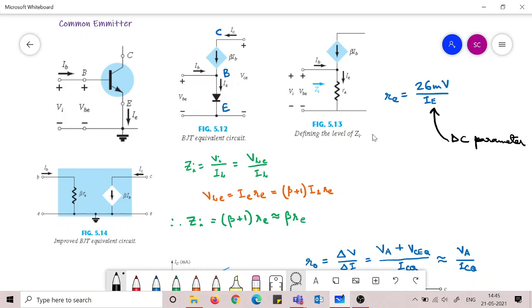This is the only place where the DC analysis sets some r_e. The DC Q point will be able to set some r_e resistance. That is the only thing it does. Due to the establishment of the Q point, this r_e resistance gets established in the AC equivalent circuit. You can understand, the higher the Q point, the lower this resistance.